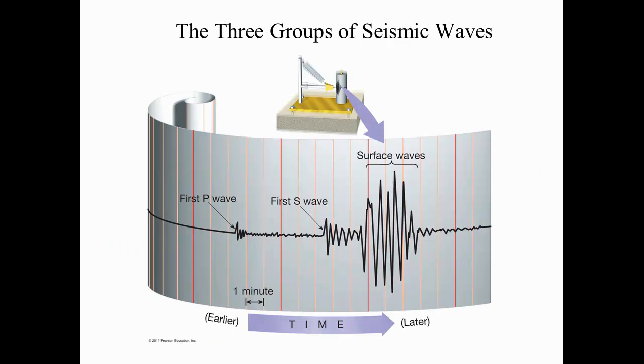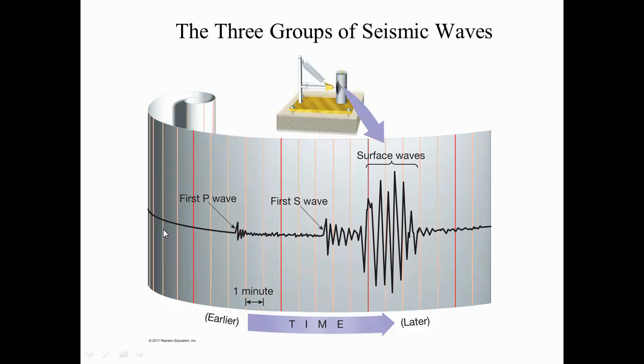So if we unwrap that chart paper from that rotating drum and spread it out, notice that the chart paper is marked off in intervals of 1 minute, and this is shown down here. So the spacing between each of these pairs of vertical lines is equivalent to a time of 1 minute.